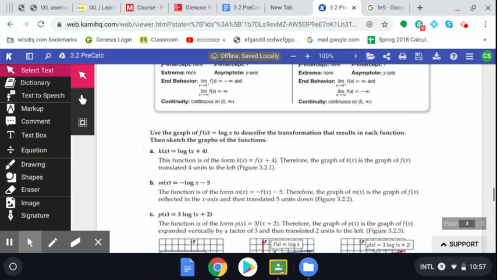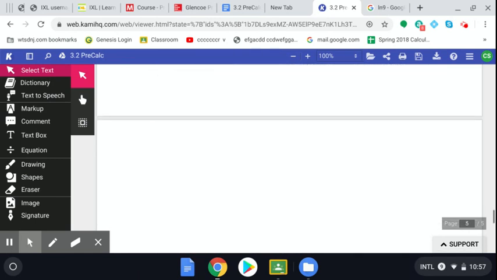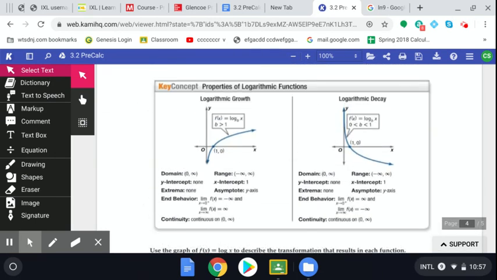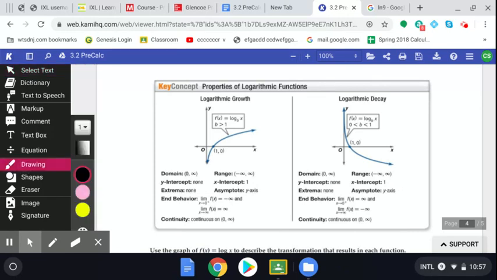All right, then the last skill you need to have is with regards to graphs. You can have log growth and log decay, just like with exponential growth and decay. The same applies for logarithms. So here you have your characteristics, the domain. There are going to be no negatives.